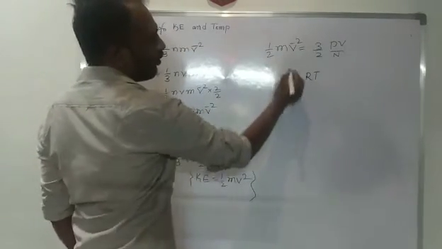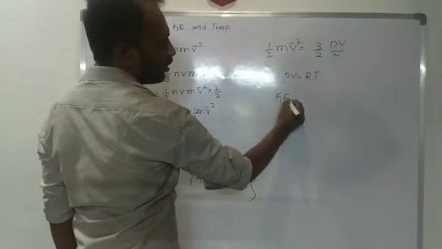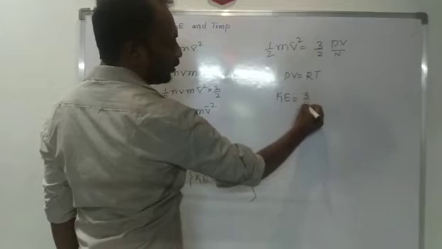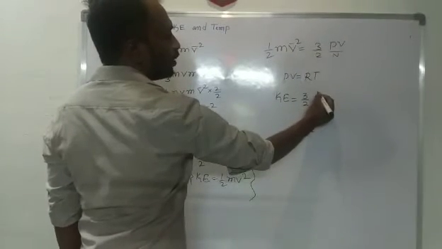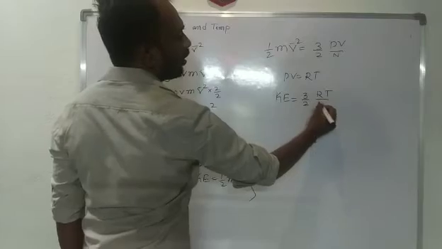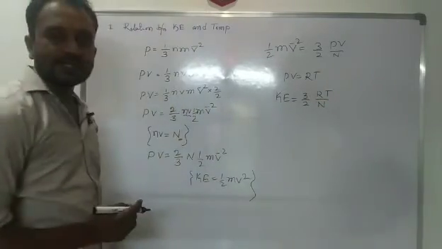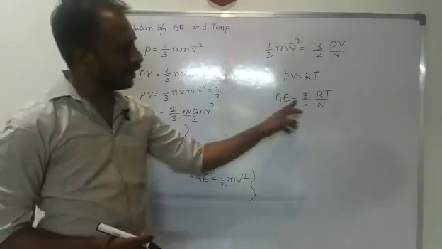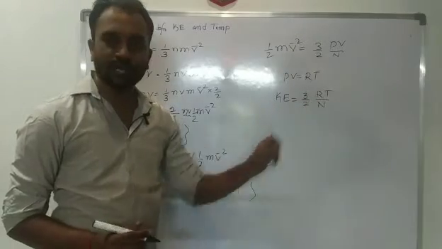This is the ideal gas equation. So half mv square, that is kinetic energy, is equal to 3 by 2 PV divided by N, which is RT divided by N. So kinetic energy is equal to 3 by 2 RT divided by N.